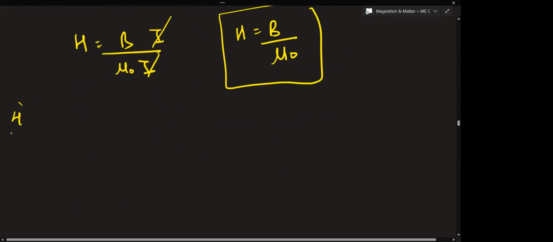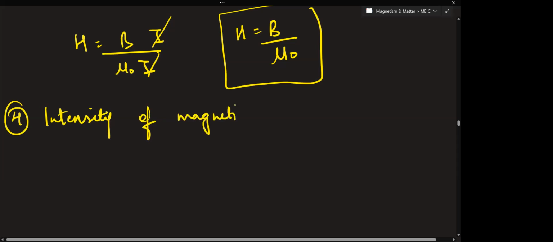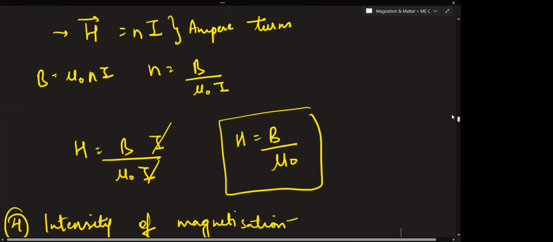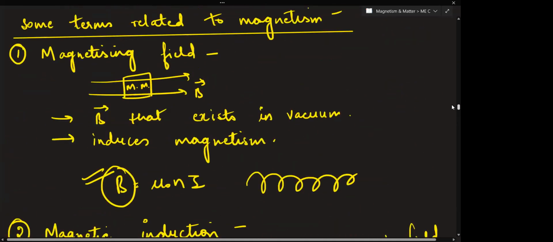We have a concept known as intensity of magnetization. Whenever a magnetic material is placed in a magnetizing field, it gets magnetized, as we discussed about the magnetizing field. When we discussed the first one, we used the term magnetic field.